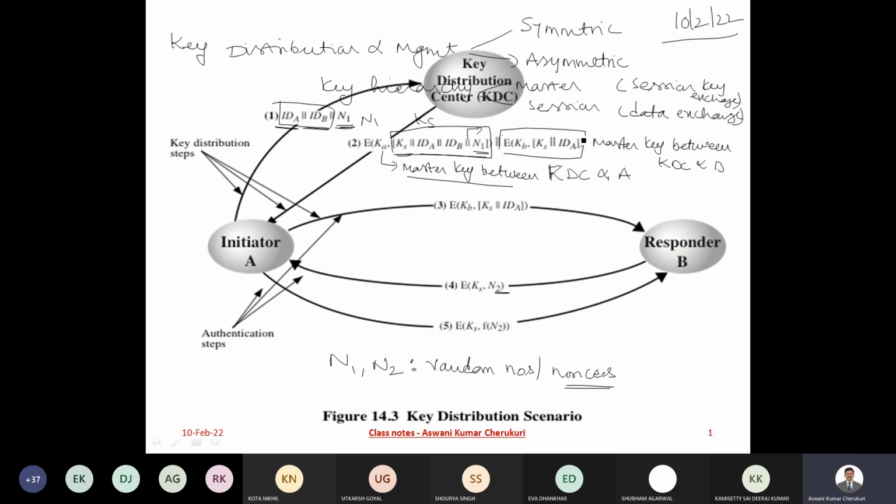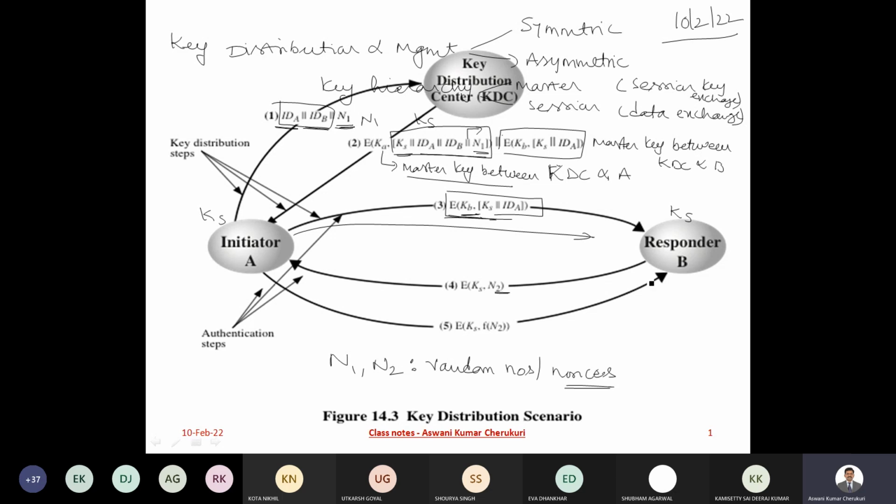A gets this part also, but cannot do anything with it because it is encrypted with the key between KDC and B, so A transfers it to B. This piece can be decrypted by B alone because it is encrypted with KB, the master key between the KDC and B. Once B takes it, B gets KS. A already has KS and B also got KS. Now the session key is established.